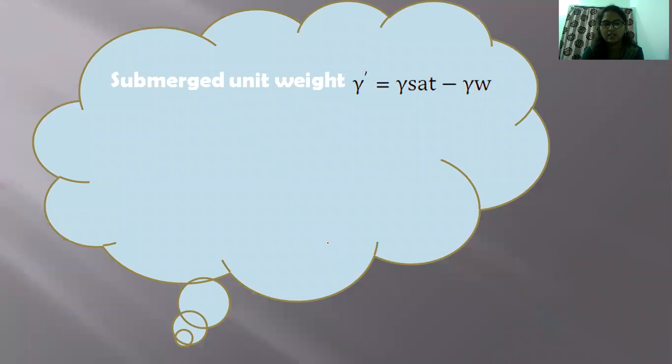Next we calculate the submerged unit weight. Gamma submerged is equal to gamma sat minus gamma w.